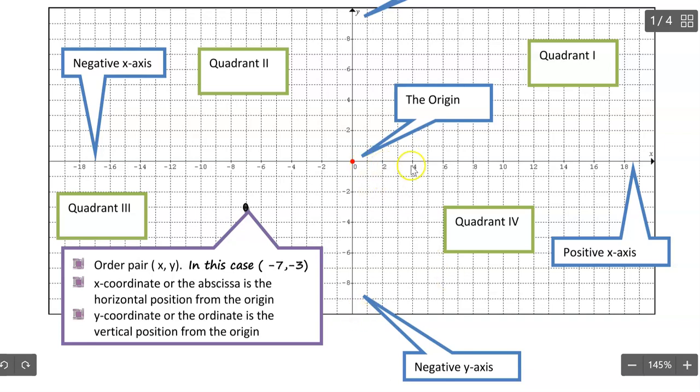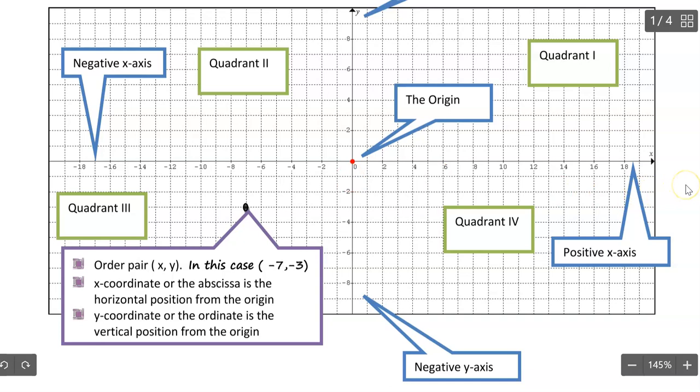For this part of the graph, the one with the arrow, from 0 you go to 2, 4, 6, 8, so that means it increases to positive infinity. Opposite to that, this one decreases to negative infinity. So this is all the negative values for x on this side.